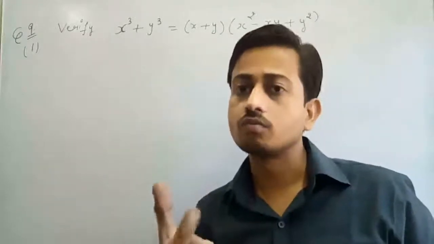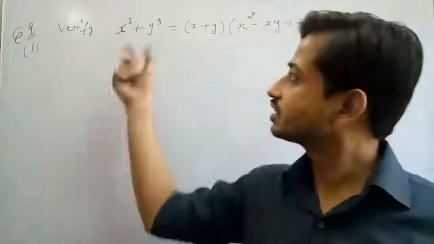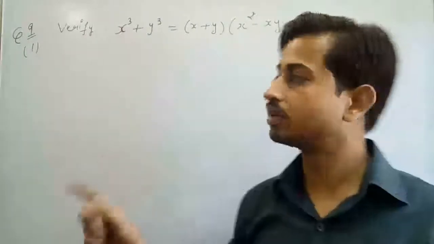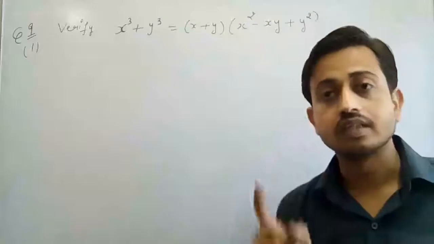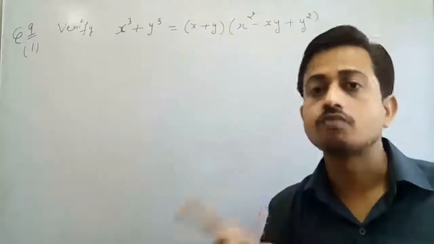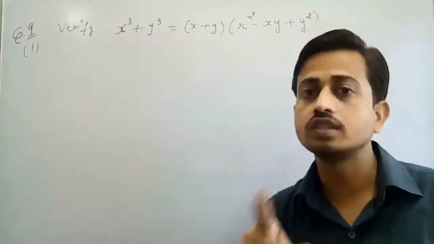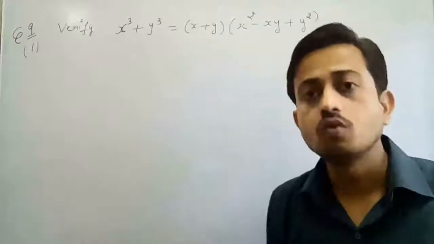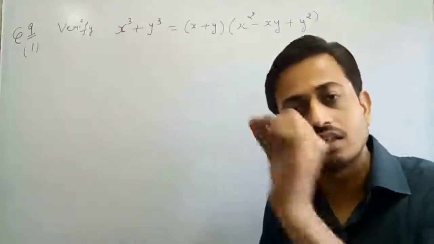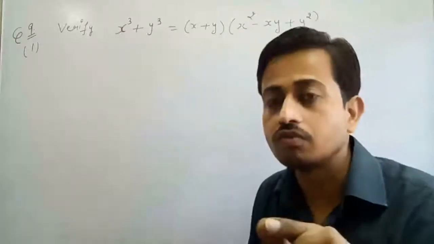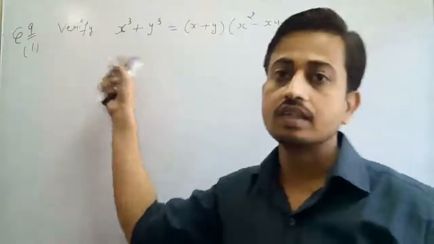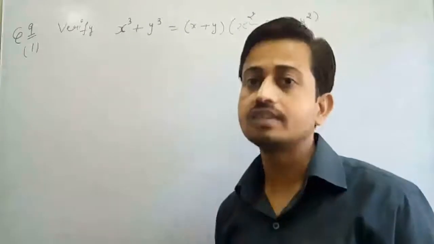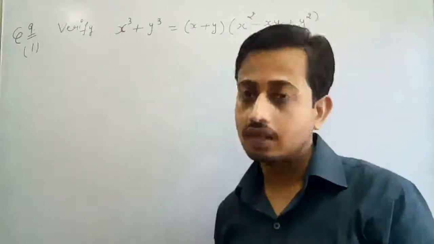Never try to solve from the small term. So in this, x cube plus y cube is the small term, but this is a long term. So always apply the rule to prove the identity by using the long term, and simplify. Whenever you simplify, you get the desired term. So I am solving the right hand side, not the left hand side, and making it into the left hand side.